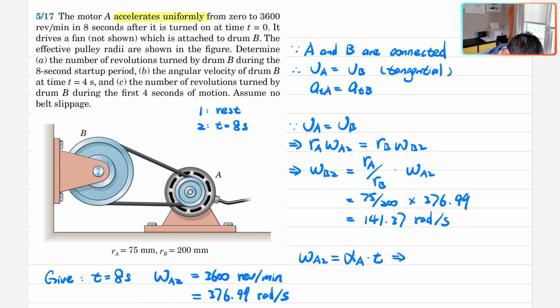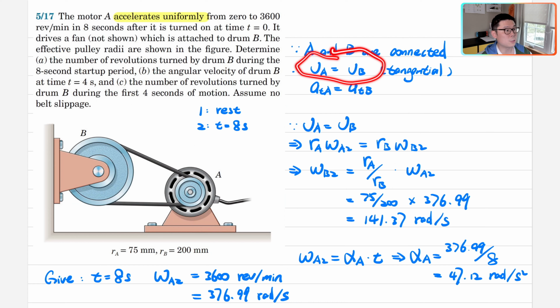So our angular acceleration of A is given by 376.99, which we calculated here, divided by 8 seconds. So it takes 8 seconds for the motor to accelerate from 0 to 376.99 radians per second. So that's our angular acceleration, in this case 47.12 radians per second squared. Okay, angular acceleration.